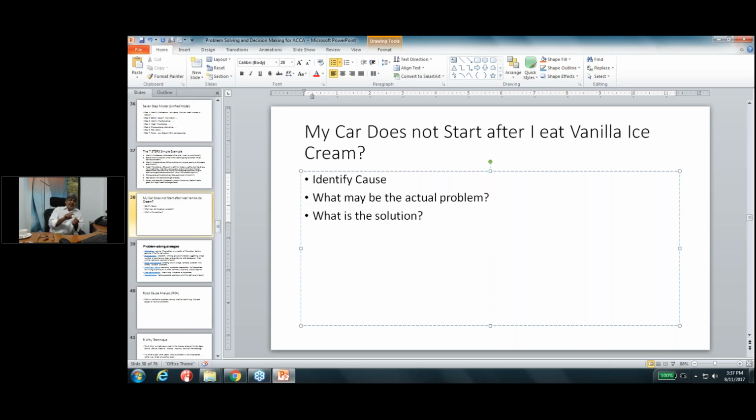But whenever he takes any other ice cream, any other flavor, maybe chocolate, maybe chocolate chip, the car starts. It's quite an interesting problem, I guess.